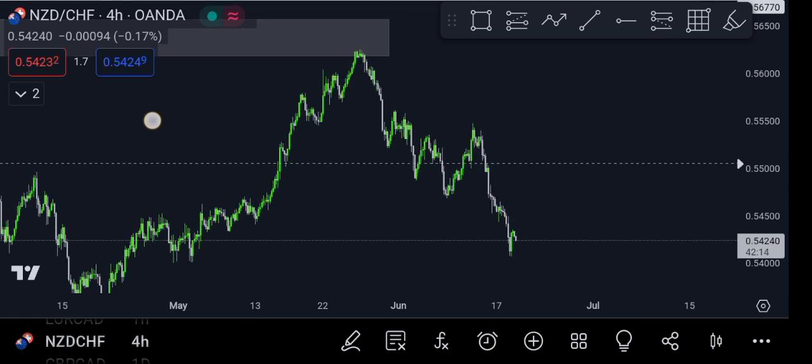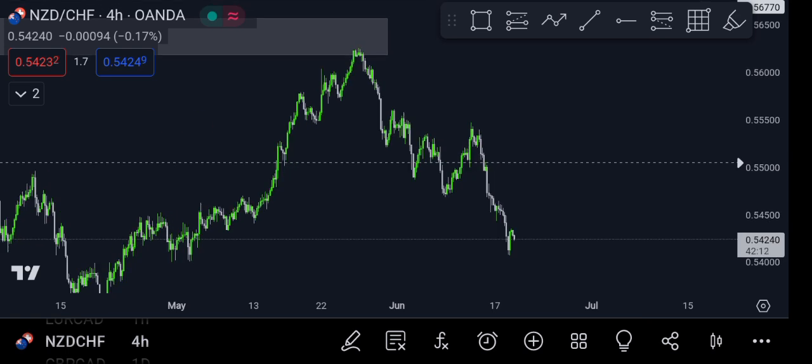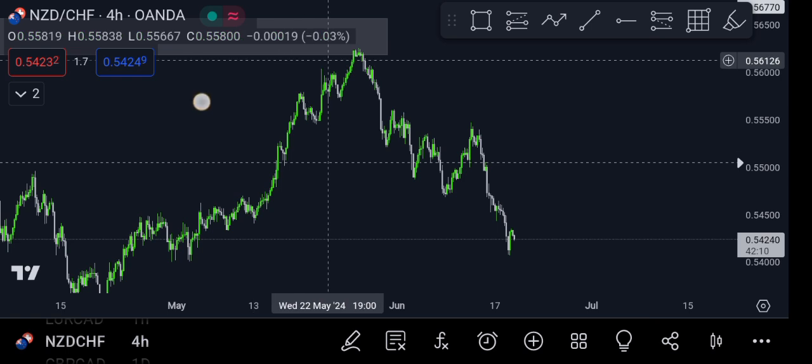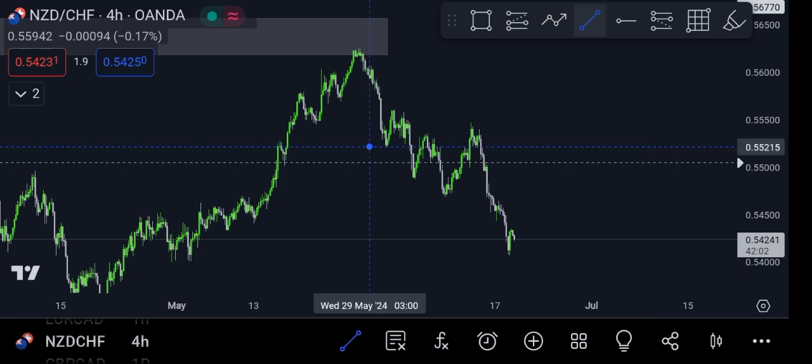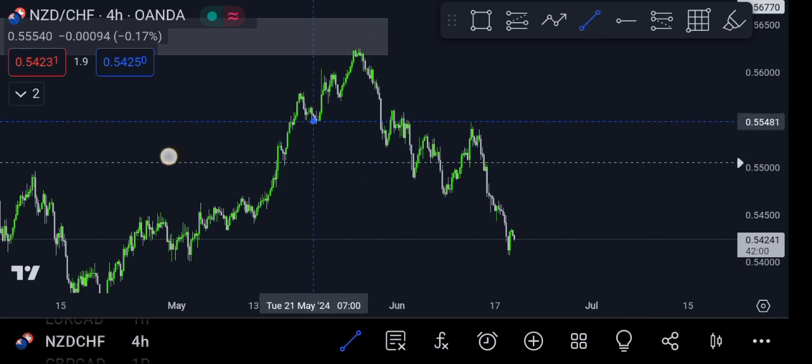So guys, if price comes to our point of interest, the first pullback that gets taken out, you call that a change of character. So this is our change of character here.